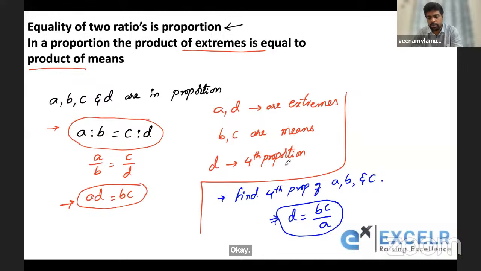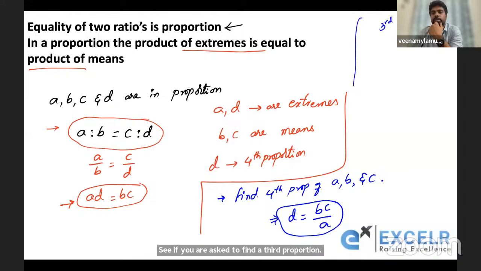So once more, from the fourth proportion. Third proportion they want. If you are asked to find the third proportion of A comma B, he'll give only two terms and tell you to find out the third proportion. In that case, the third proportion will be X. If there are only two terms, the third one will be at the last.